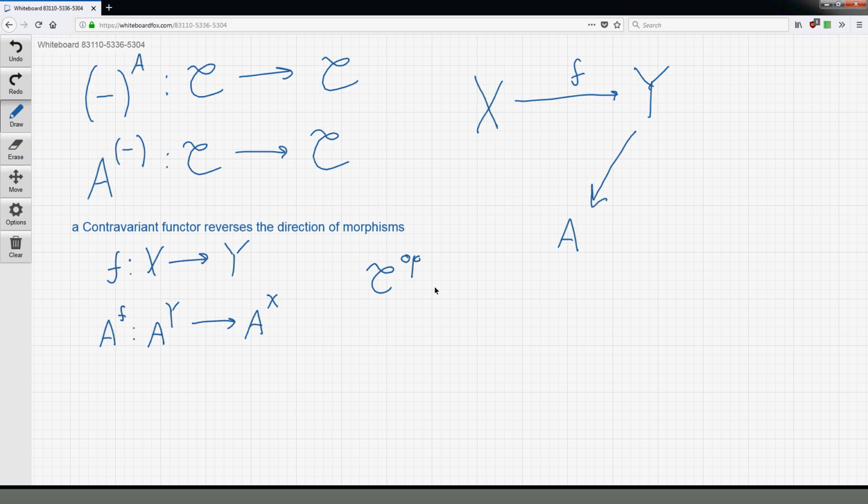So a contravariant functor, instead of being a functor from C to some category D, I'm going to cross this out. So let me just get red there. This functor is actually a functor from the opposite category of C to C. So that works.